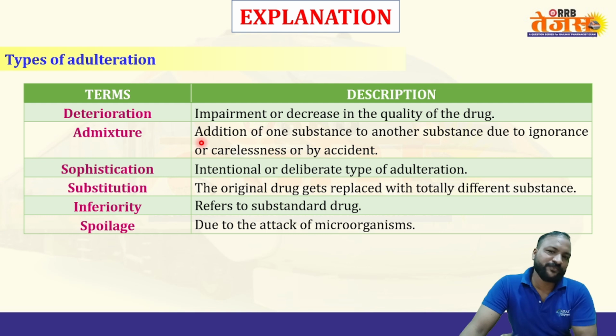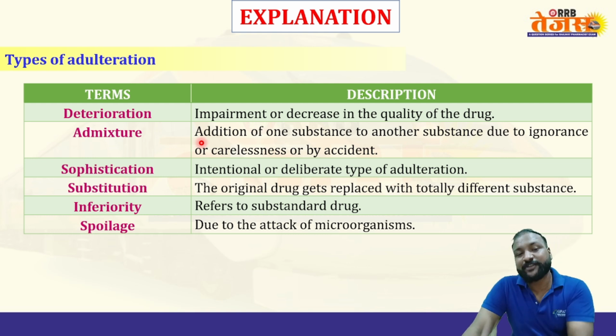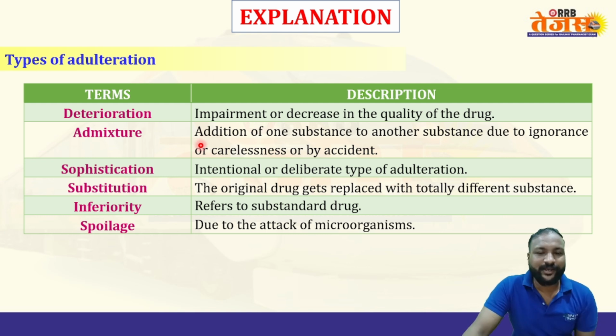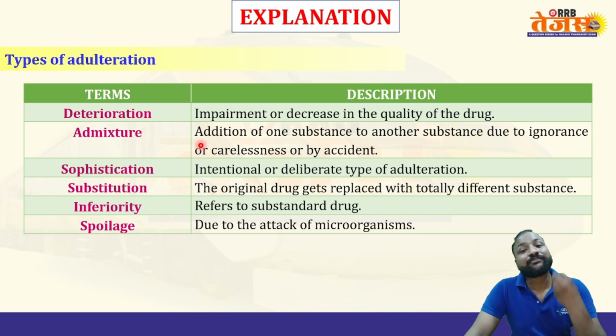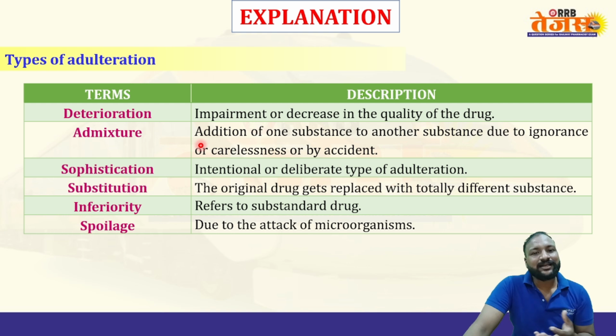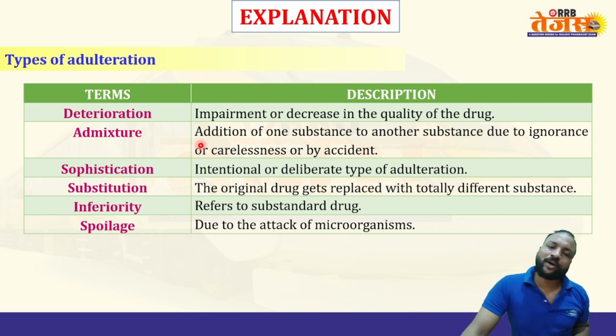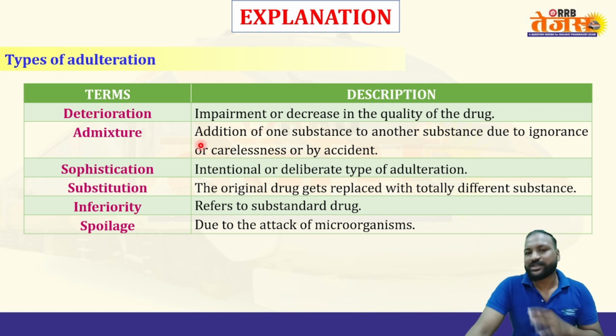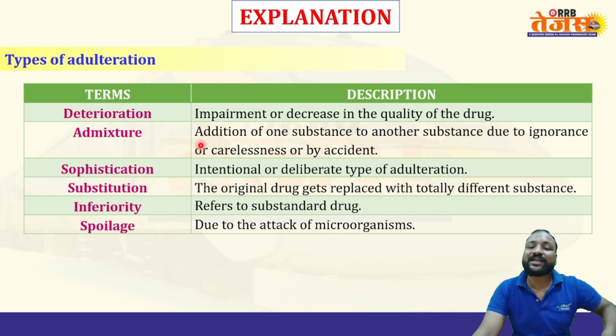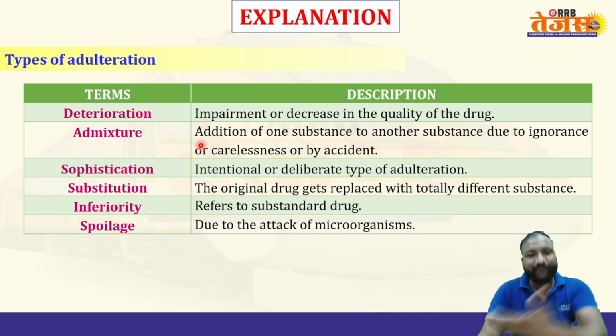It happens without any intention, due to some mistakes or maybe negligence. But the deliberate or intentional type of adulterations are done intentionally to get profit.